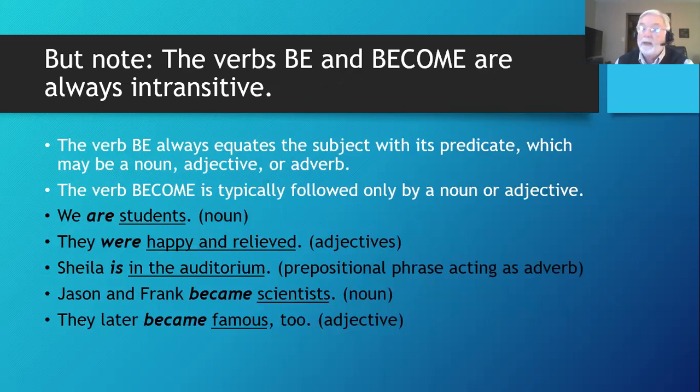And the verb become is typically followed only by a noun or an adjective. And here are some examples. We are students. They were happy and relieved. Sheila is in the auditorium. Jason and Frank became scientists. They later became famous too.